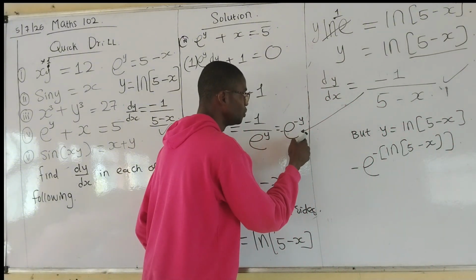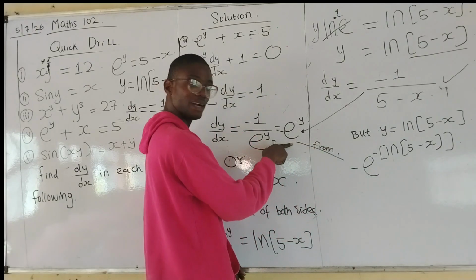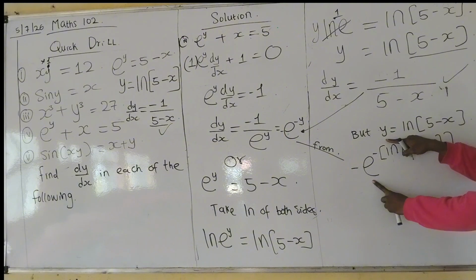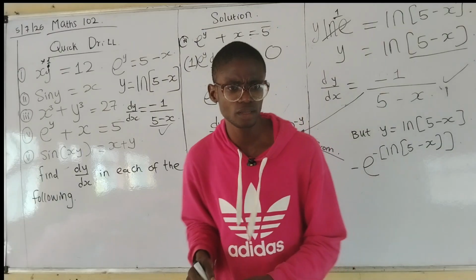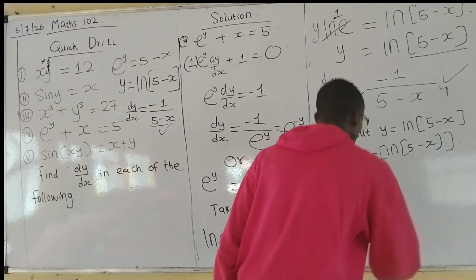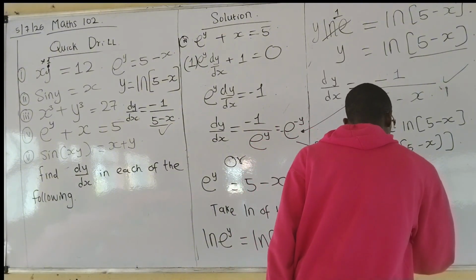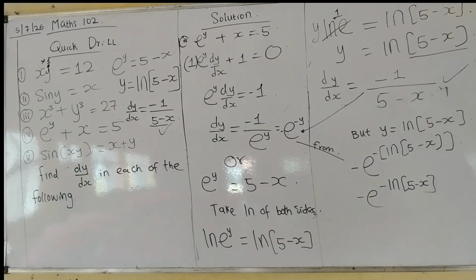Remember, we are dealing with this now from here. From here, right? We get this, right? And we know that y is this, right? So we implement. Do you agree with me? We implement. So this will give you exponential minus ln 5 minus x, and that is it.